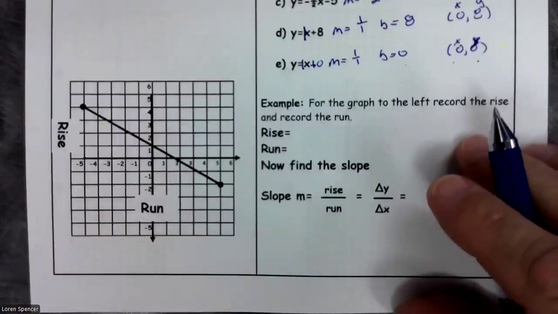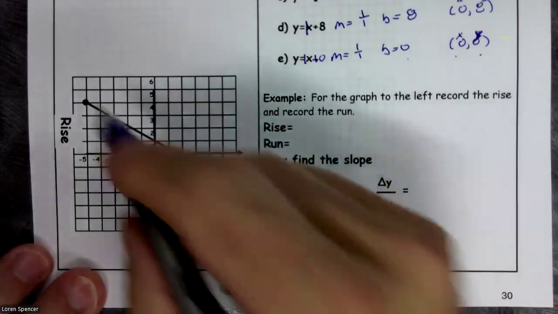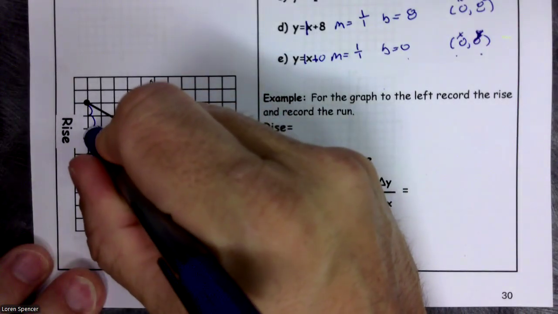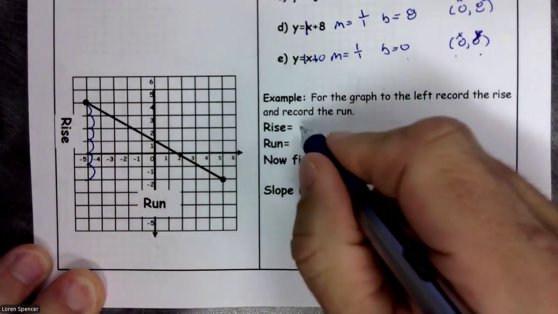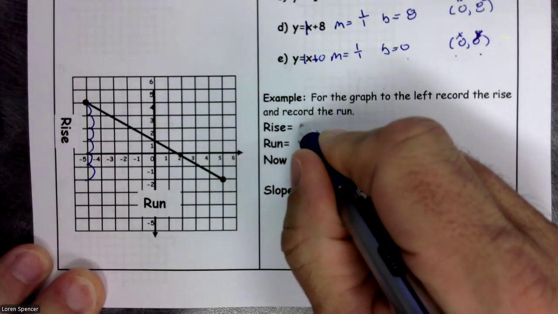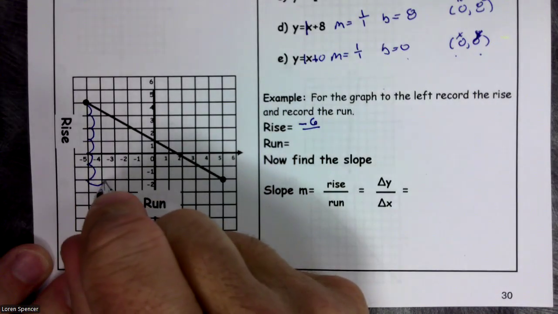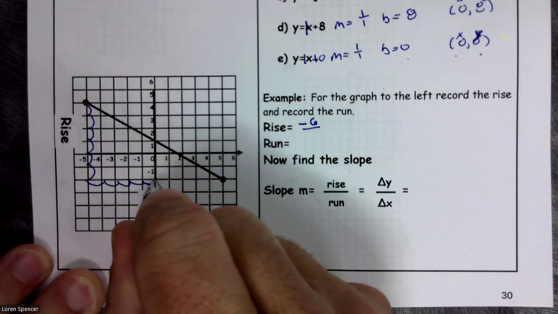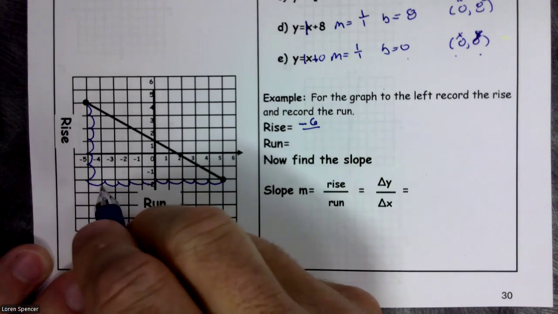Okay. For the graph, record the rise and run. Well, when I count this out, I have 1, 2, 3, 4, 5, 6. Okay, but I went down 6. And then I went over 1, 2, 3, 4, 5, 6, 7, 8, 9, 10.